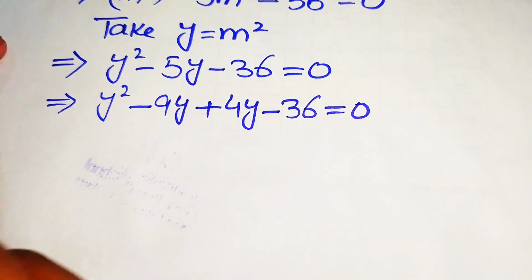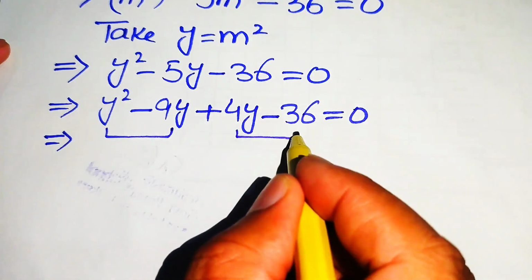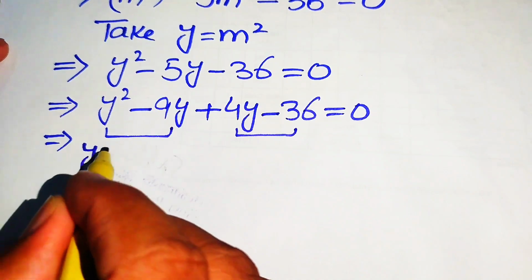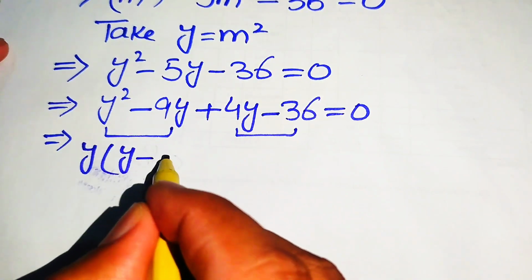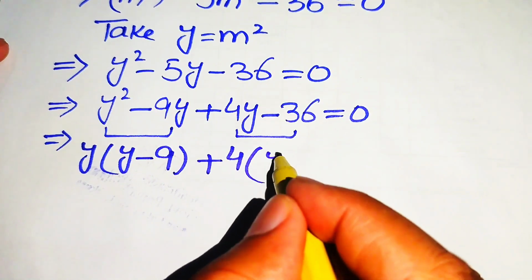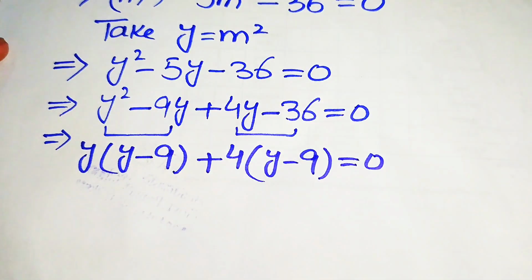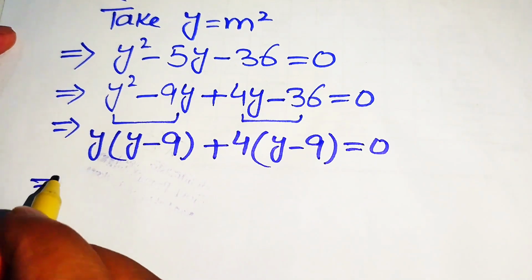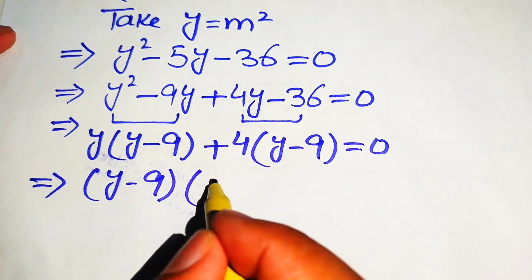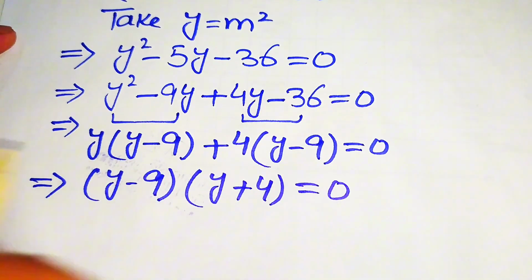In the next step we take common y from the first two terms and 4 from the next two terms. When we take common y, it becomes y minus 9. Here we take common 4 and it becomes y minus 9 equals 0. So we take common y minus 9 and it becomes y plus 4 equals 0.